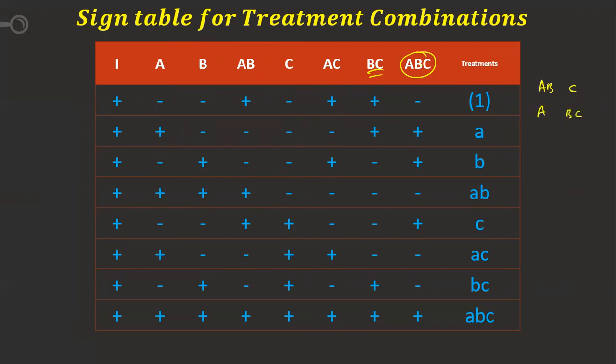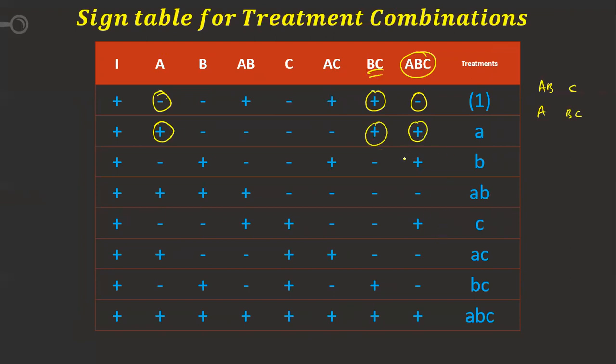That is your wish. I am going to take A and BC. A is negative, B is positive, minus into plus gives you minus. Similarly, plus into plus gives you plus. Like this I am going to fill up the column.